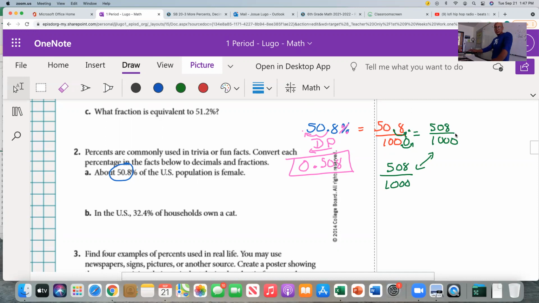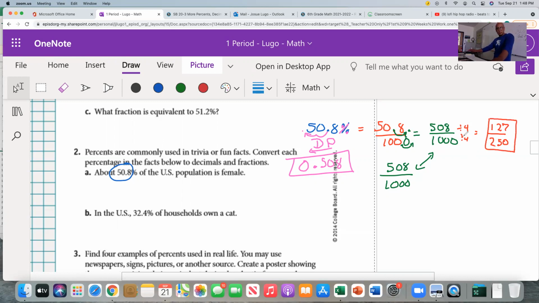All right, let's go ahead and do this. We can divide both of these by 2, and then divide that by 2 again. So essentially, I'm dividing by 4. And that's going to bring me down to 127 over 250. And yes, that is my final answer. 250 and 127 do not have any more common factors.